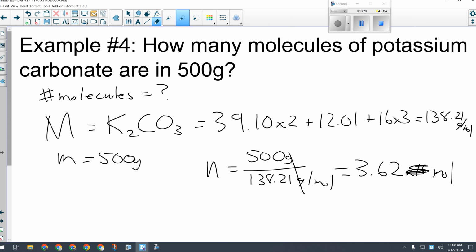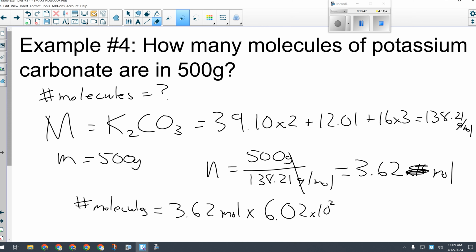About to find the number of molecules and take that number and do what with it? Multiply it by a gigantic number. So it's important that I keep all those decimals. They're going to make a rounding difference for me. All right, so number of molecules equals 3.62 moles times 6.02 times 10 to the 23 molecules per mole.